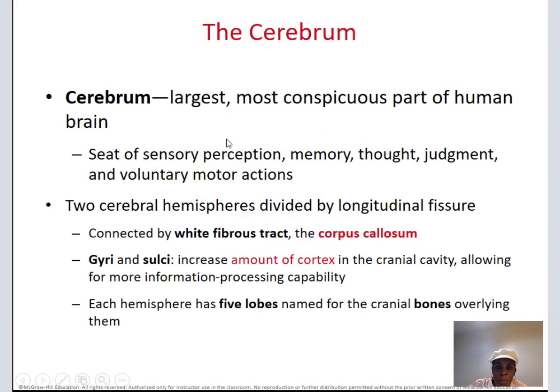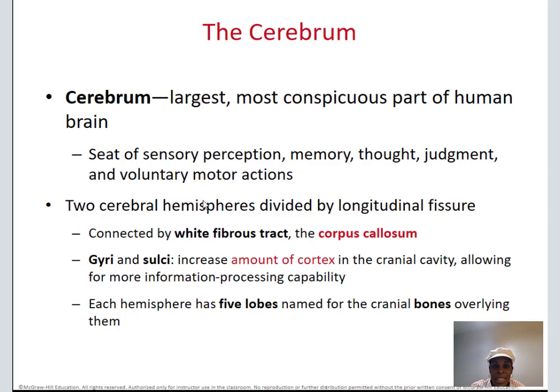The cerebrum is the largest and most conspicuous part of the human brain. Here sits all the area that will deal with perception, thought, judgment, and voluntary moral actions. When we decide to do something, we have the willpower to do something, we use the cerebrum.